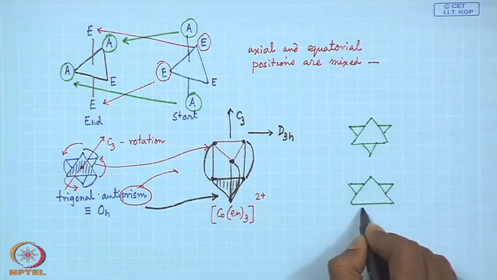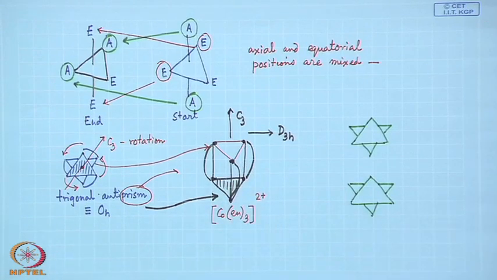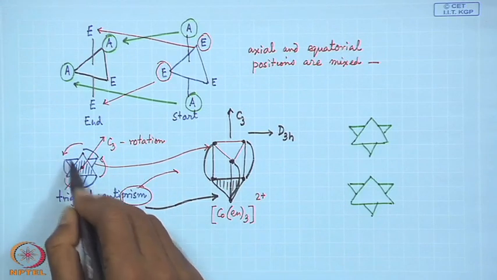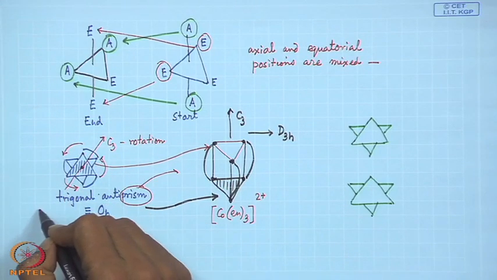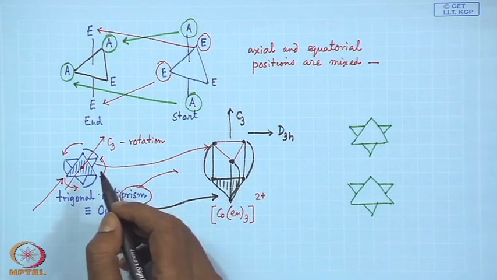So, this is viewing through one particular axis only, because the other one is from the other axis. This is not perpendicular to this plane, because we can have the other C3 axes, and along these other C3 axes we get the other twist.